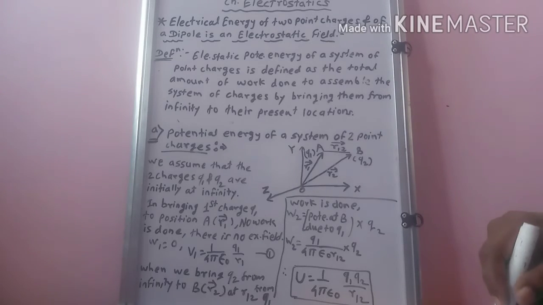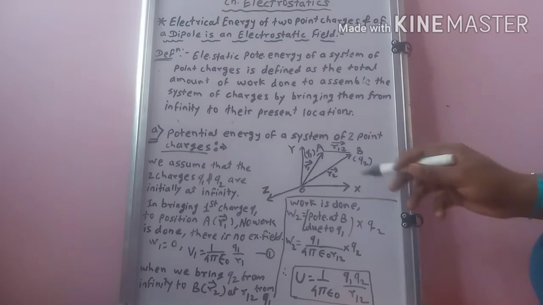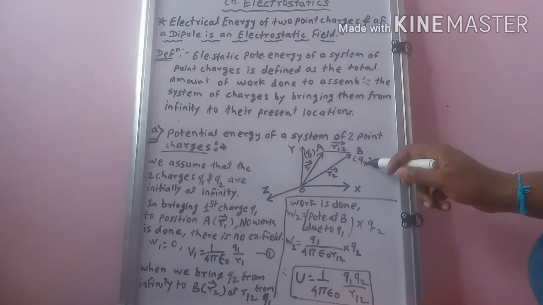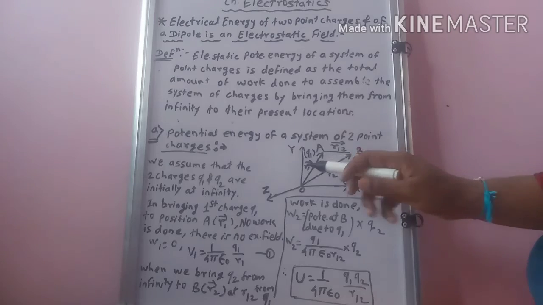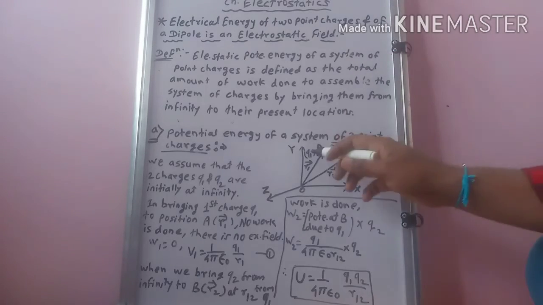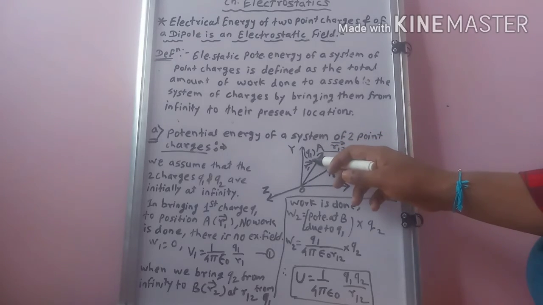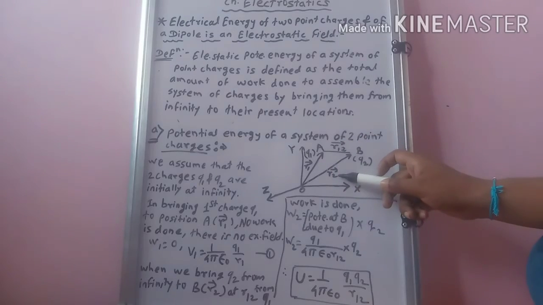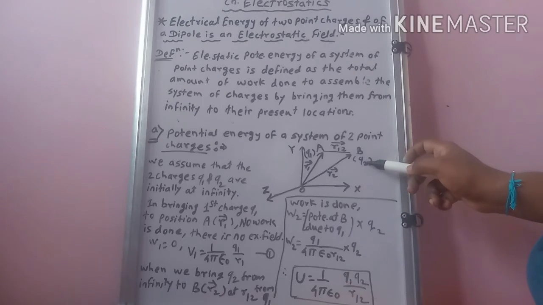We consider two charges in this diagram, Q1 and Q2, both at infinity. R1 vector is the position vector of charge Q1, and R2 vector is the position vector of charge Q2.